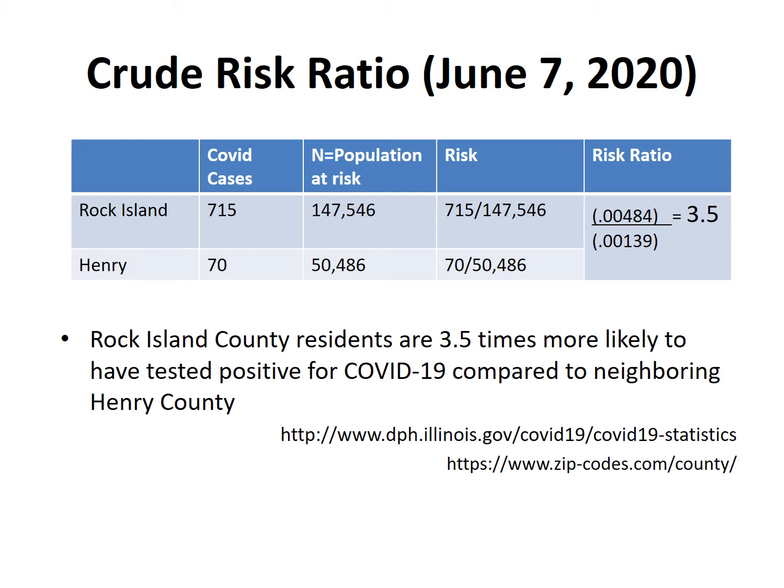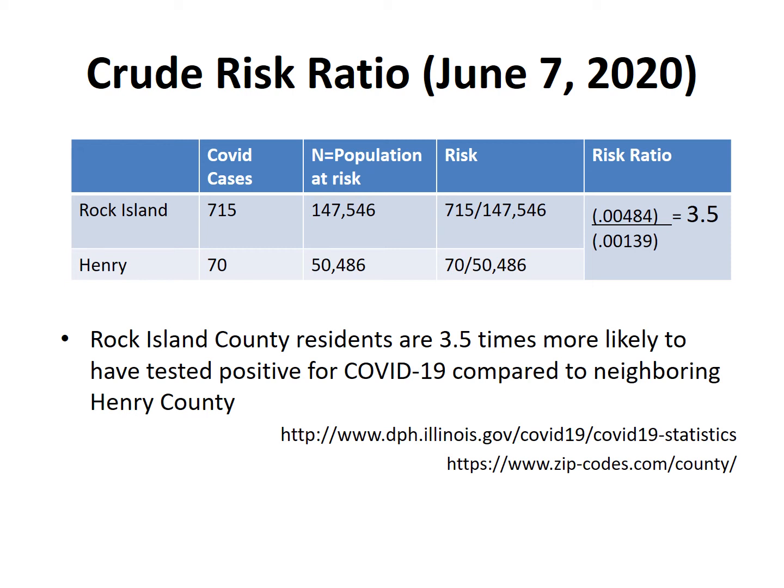So what is the risk of getting COVID-19? Well, that's a probability based on the number of COVID cases divided by the population size. So that's 0.00484. That's the risk of having tested positive for COVID-19 for those living in Rock Island County. Now, that risk is a lot higher than it is in Henry County.